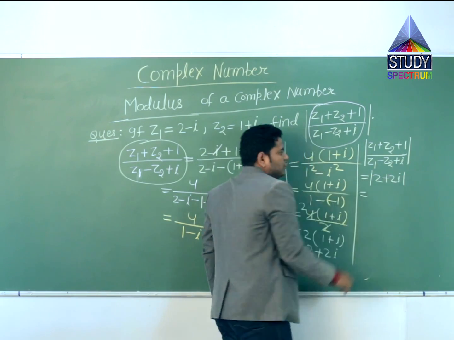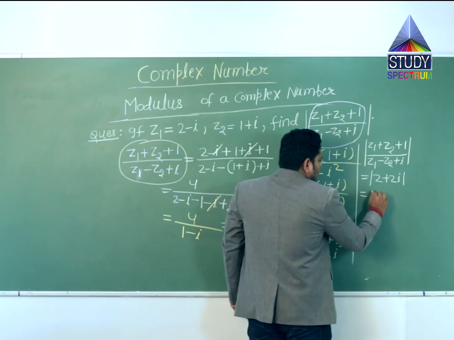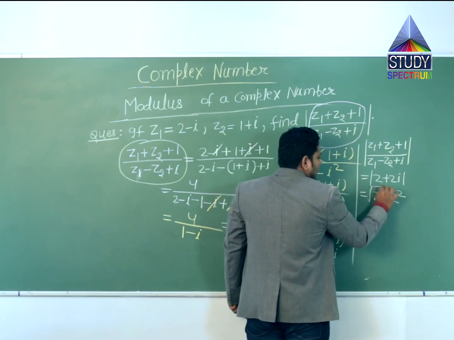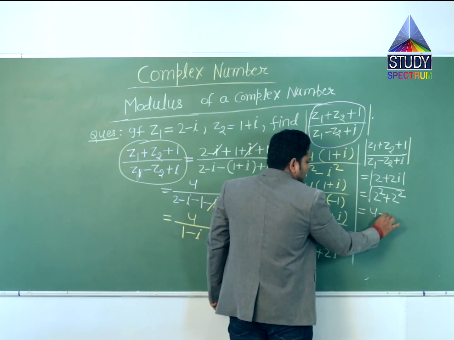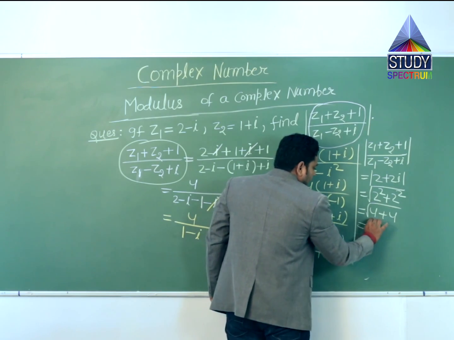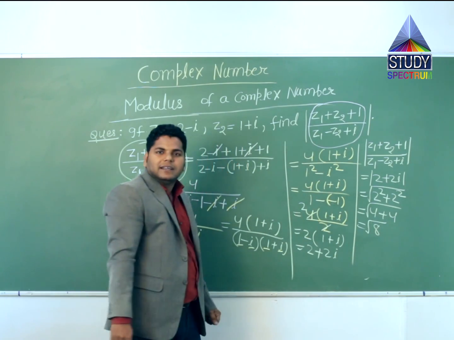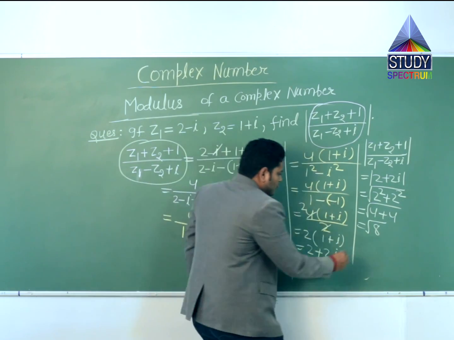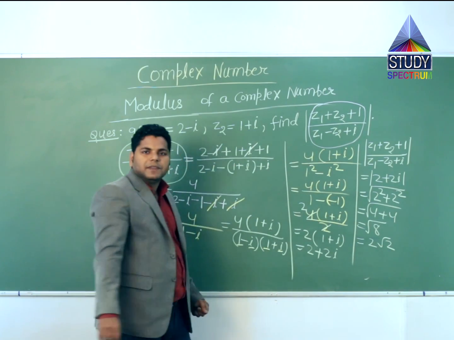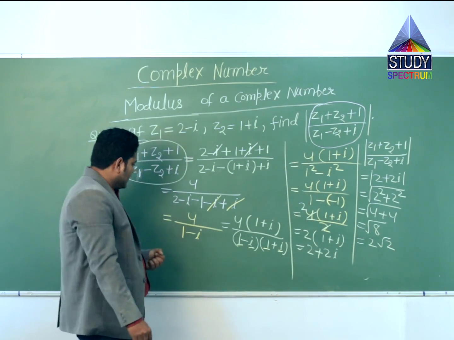So modulus of 2 plus 2i will be root under x square plus y square. In place of x and y we have 2, so 4 plus 4, root under 8. And root under 8 we can write 2 root 2. This is our answer. Okay.